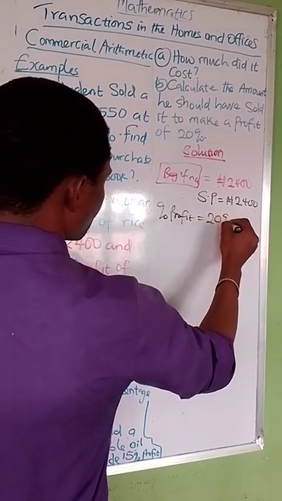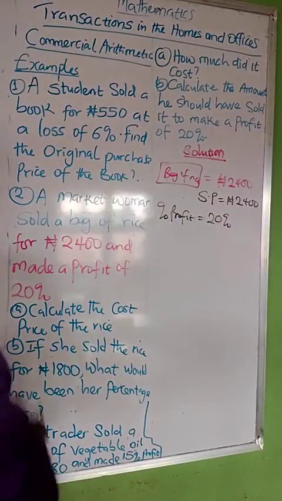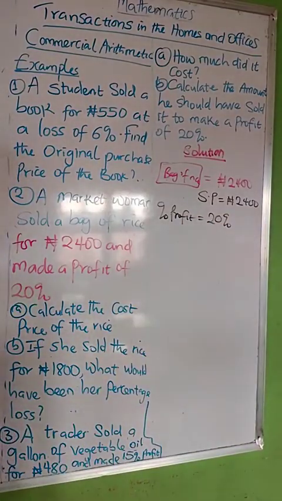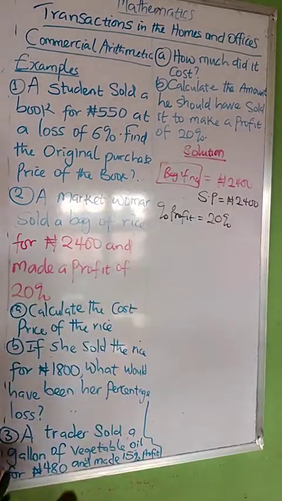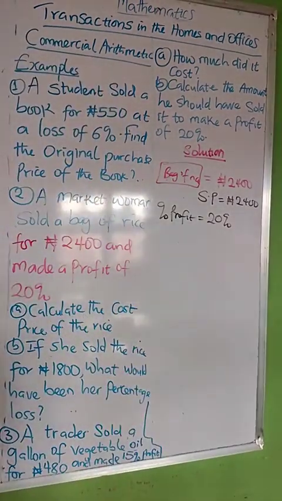That's 20%. Remember, we are not told the profit she made, but we were told the percentage profit, which is 20%. Now we have to calculate the cost price.